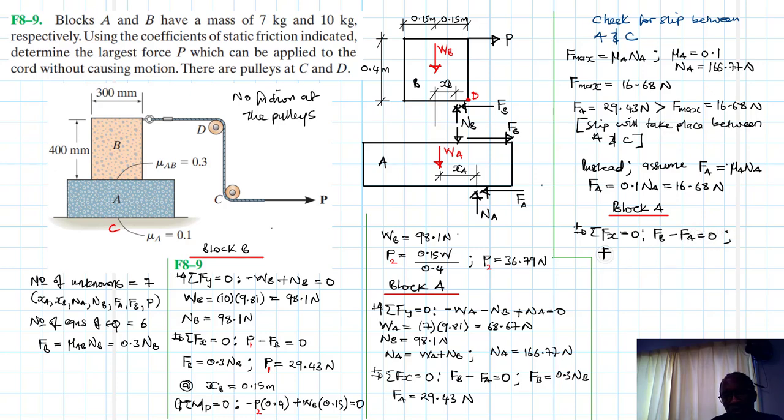Therefore, our FB, and we know that FA is equal to 16.68. Therefore FB is just going to be equal to 16.68 newtons. Then we go to block B.